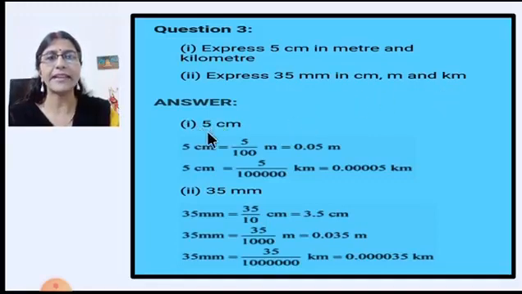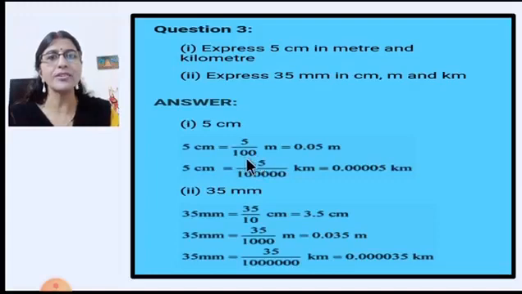First we'll take 5 centimeter. So as we have learned before, 100 centimeter is 1 meter. We are converting a small unit into a bigger unit. So we are going to divide. So 5 will be divided by 100. Now here again we are dividing, so the point will be shifted to the left side. How many places?